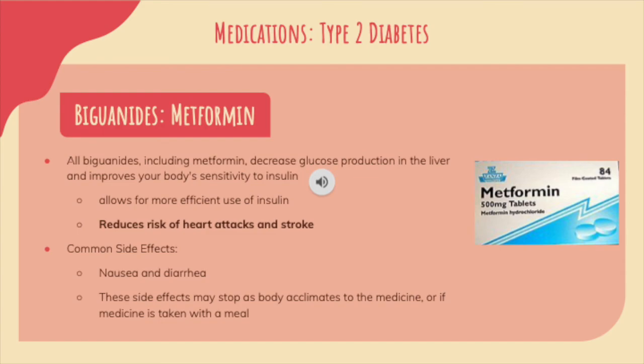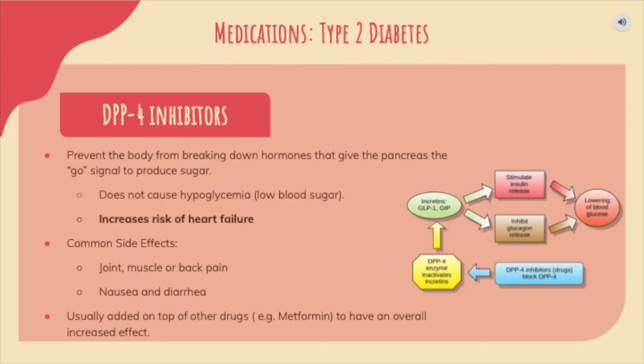Next, we have DPP-4 inhibitors, and these prevent the body from breaking down hormones that give the pancreas the go signal to produce insulin. These do not cause hypoglycemia or low blood sugar, but they can increase your risk of heart failure. Some common side effects include joint, muscle, or back pain, nausea, and diarrhea.